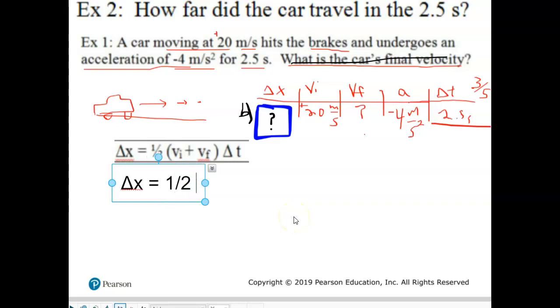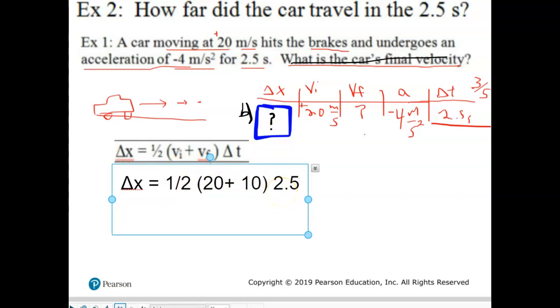1/2 VI. VI was 20. VF we said was 10. And time is 2.5. So we're going to put that in the calculator and solve. So 20 and 10 is 30, half of that is 15, and 15 times 2.5 is going to give me 37.5.